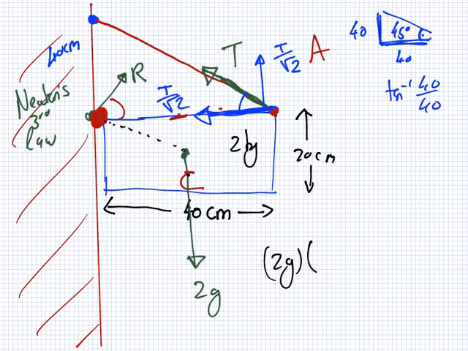Remember, it's the distance that's perpendicular to the line. Yes, 0.2. And that should equal this turning force. What's the force? T over root 2. And the distance? 0.4.